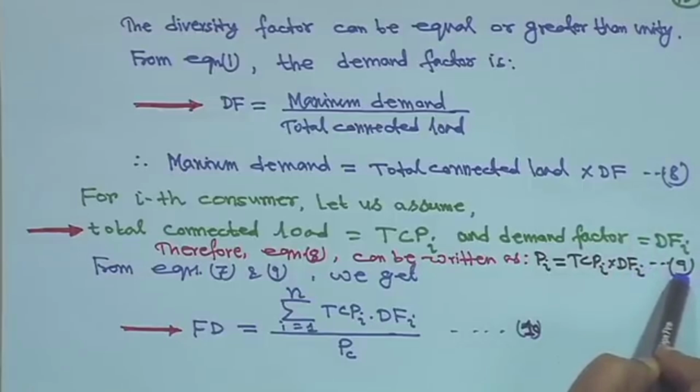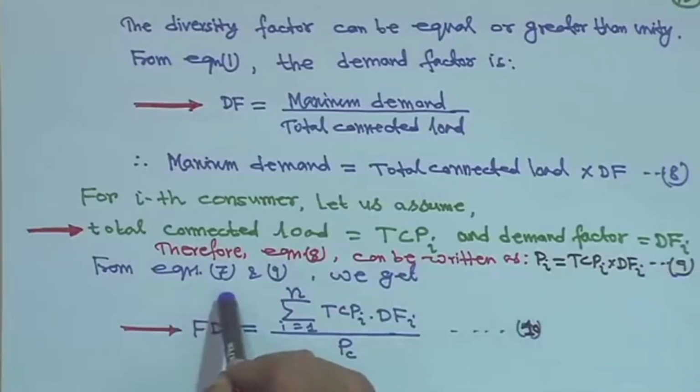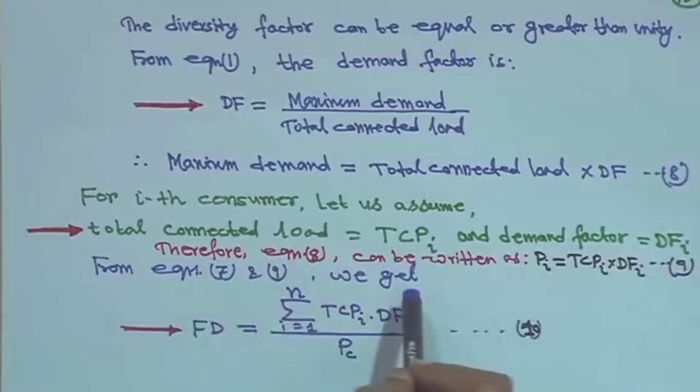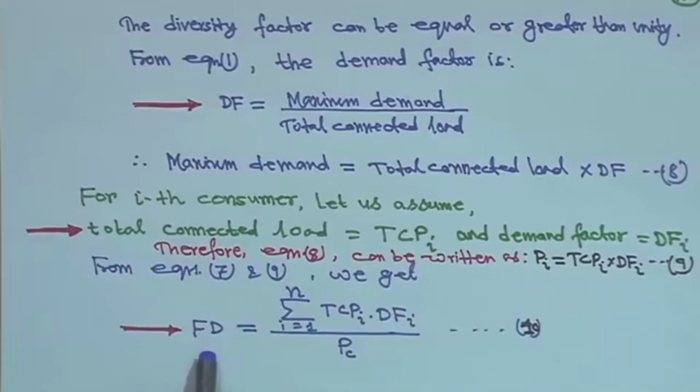So, from equation 7 and 9 you will get that your diversity factor FD is equal to sigma i equal to 1 to n of TCPi into DFi upon Pc.